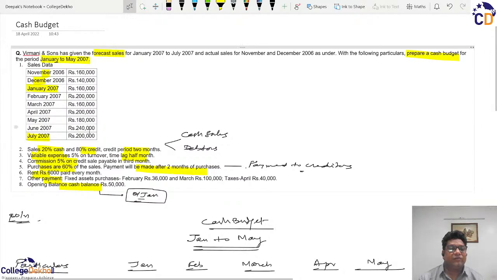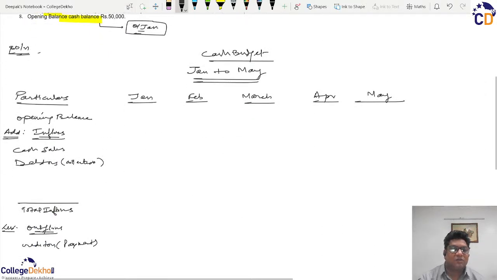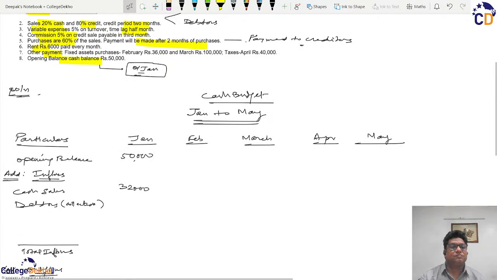So if I see from here that the sales of January is 1,60,000 and it is 20% cash, before that we have to write January's opening balance. Because 20% is on cash, cash sales will be 32,000.